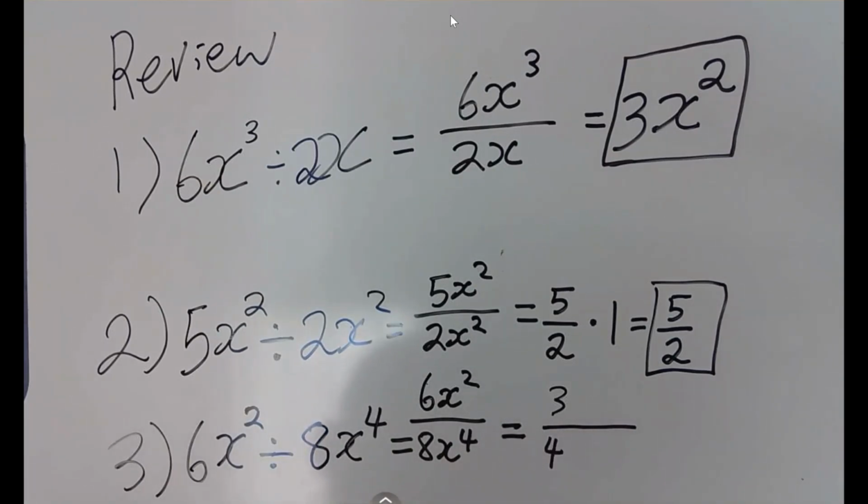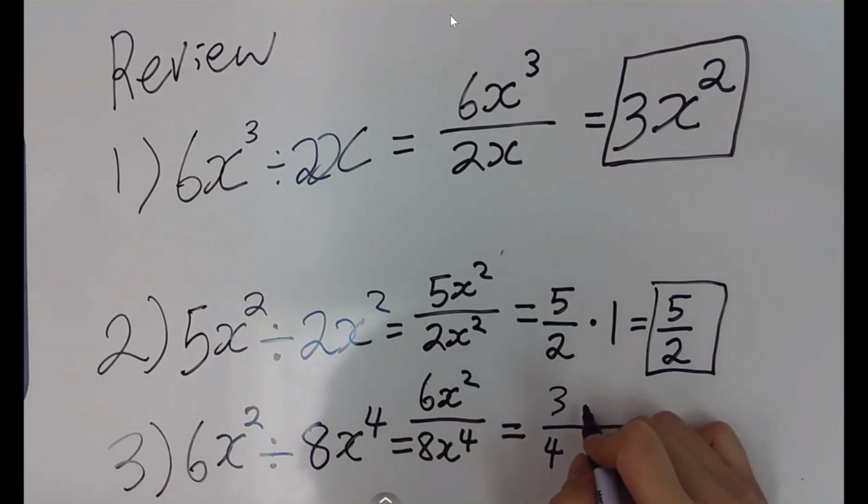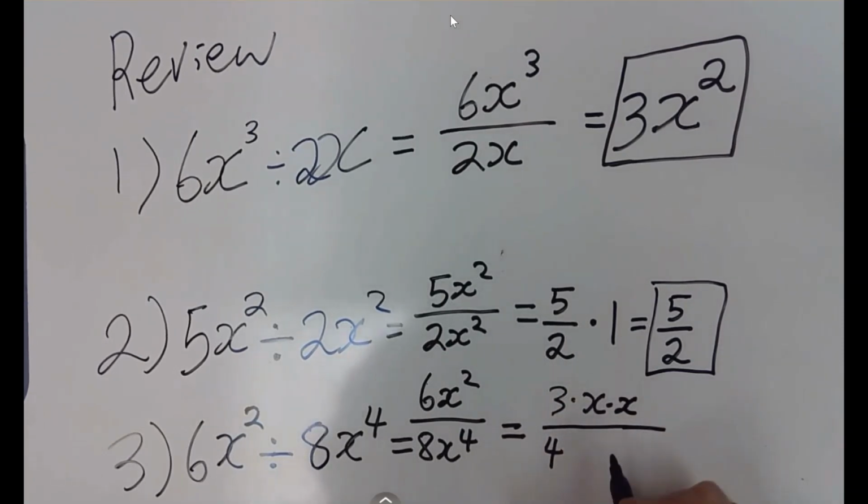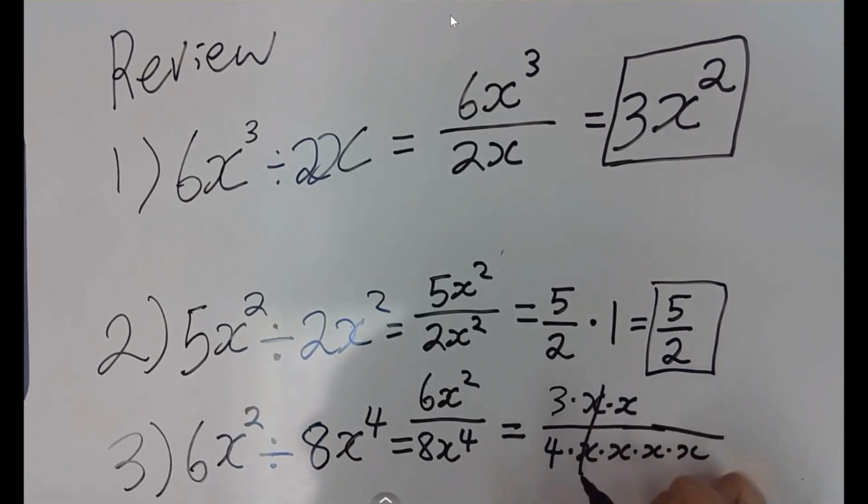If I write that in a long way, x squared is 2 x's on top, and on the bottom there are 4 x's being multiplied. 1 x on the top will cancel out 1 x on the bottom, and another one will cancel out on the bottom.